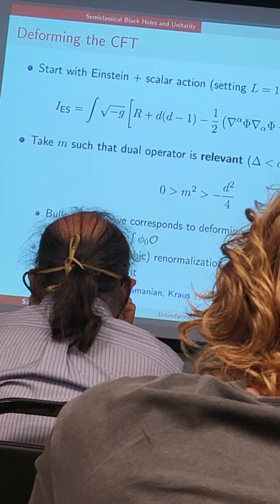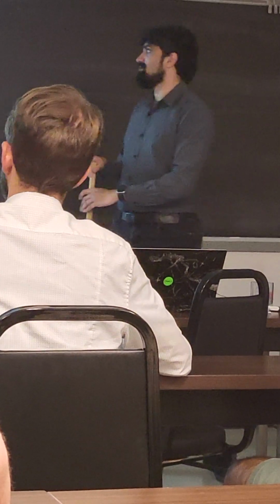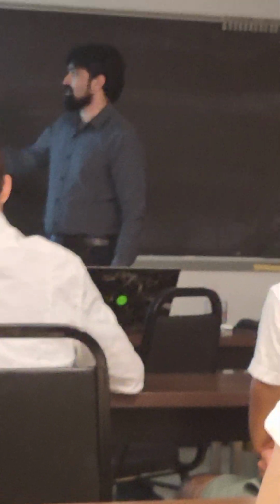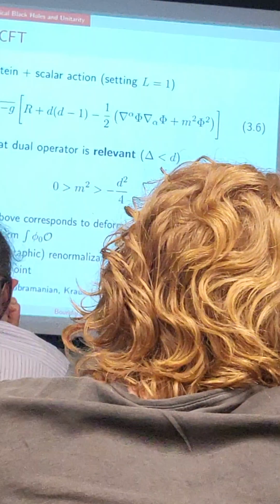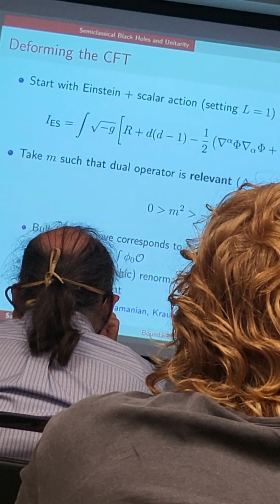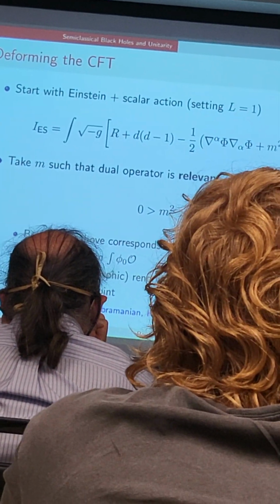Well, let's start with Einstein plus scalar. This time I actually do want to have classical backreaction involved. So this is my action, and I want to take m such that the dual scalar operator is relevant, which means that the conformal dimension is less than the number of CFT dimensions. And that corresponds to a negative mass squared.